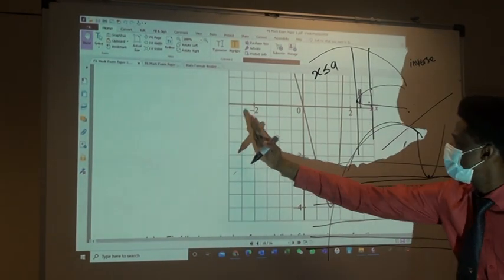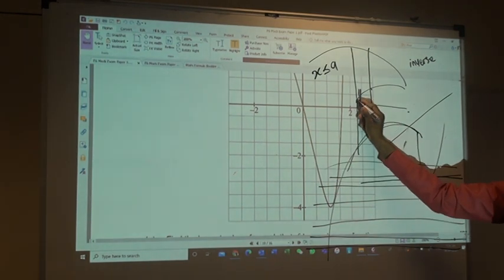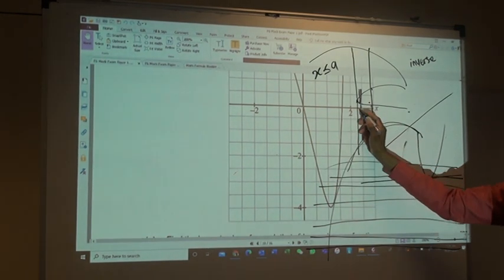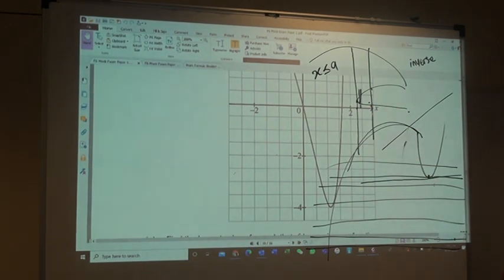There will be so many x values until you get here. So x at this point is what we are interested in. Does that make sense?